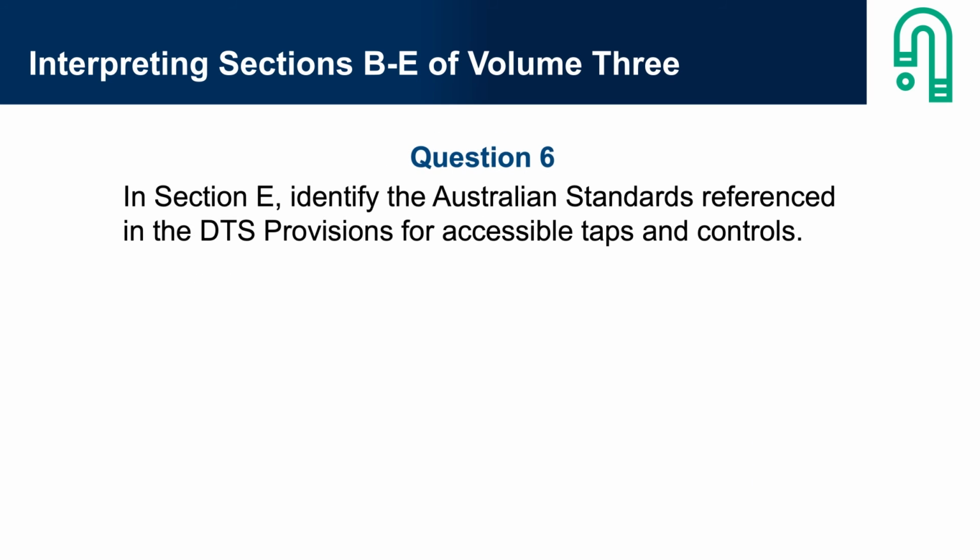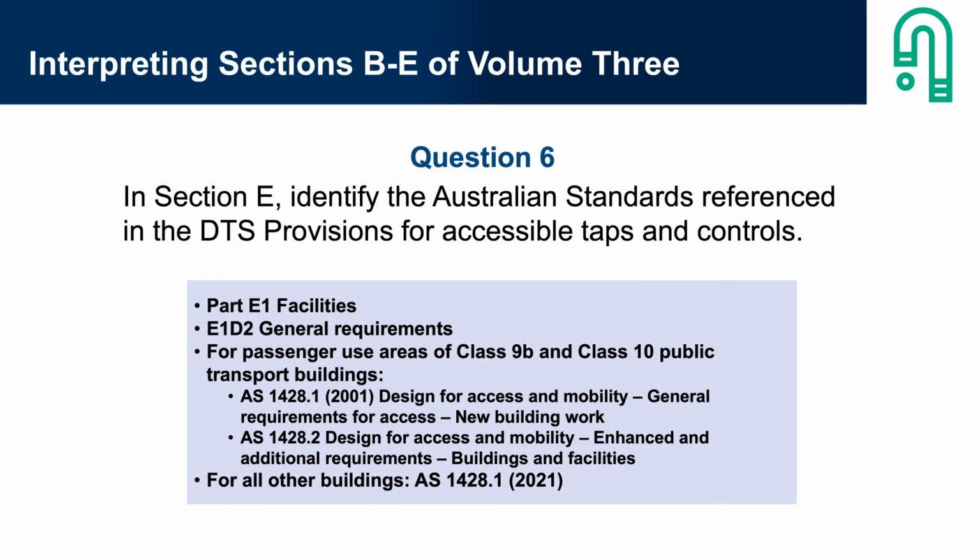Question 6. In Section E, identify the Australian standards referenced in the DTS provisions for accessible taps and controls. Part E1, Facilities. E1D2, General Requirements. For passenger use areas of Class 9B and Class 10 public transport buildings, AS 1428.1, 2001, Design for Access and Mobility, General Requirements for Access, New Building Work.